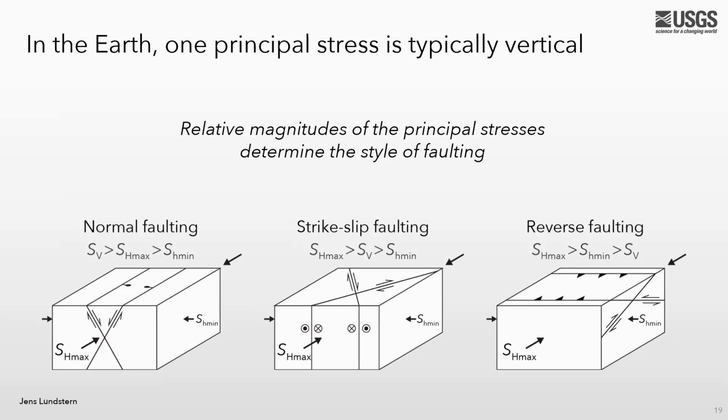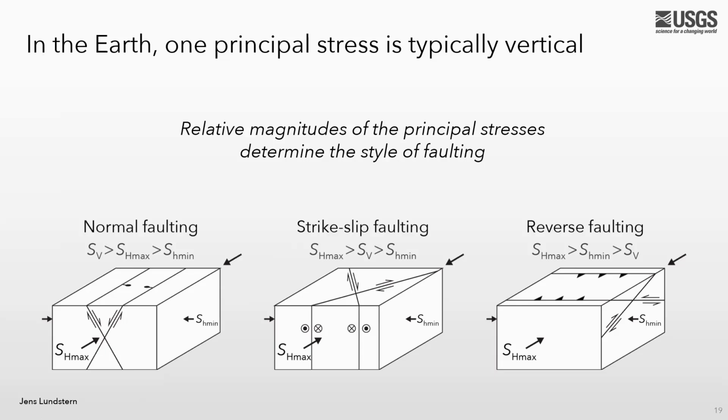That simplifies things greatly, and that means to understand the orientation of the stress tensor, you just need to know the orientation of one of the two horizontal stresses, usually by convention SHmax, the maximum horizontal stress. And the only other thing we need to know for most of our purposes is the relative magnitudes of the three principal stresses.